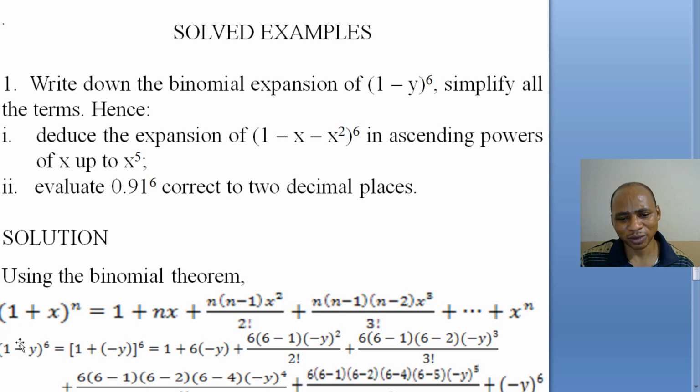In effect, comparing 1 minus y all raised to the power 6 to 1 plus x all raised to the power n, x will be negative y and n will be 6.